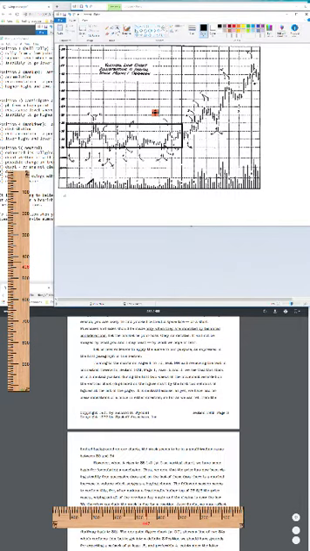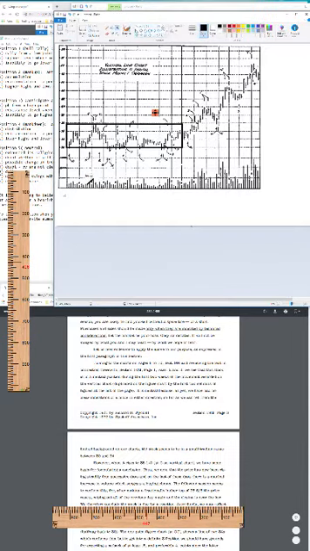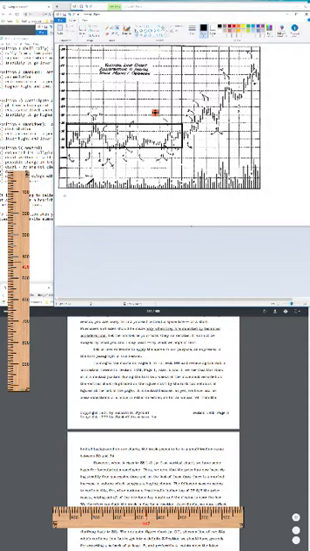Alright, I'm going to start working through this. So you have an increase in volume, and you have a buying climax. Then you have confirmation.